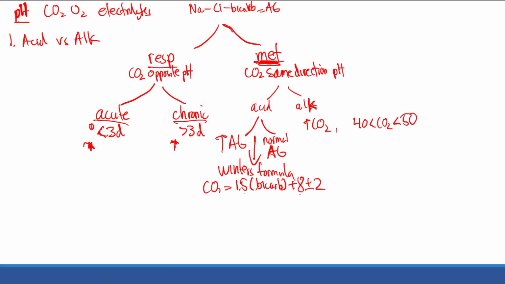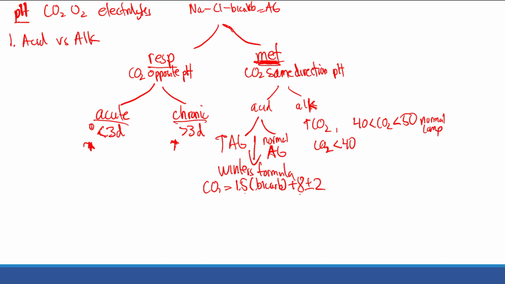So this is normal compensation. If your CO2 is less than 40, what does that mean? You have a metabolic alkalosis, but your CO2 is less than 40. What happened? That means that you have a concomitant respiratory alkalosis, because respiratory alkalosis you get from blowing off too much CO2.